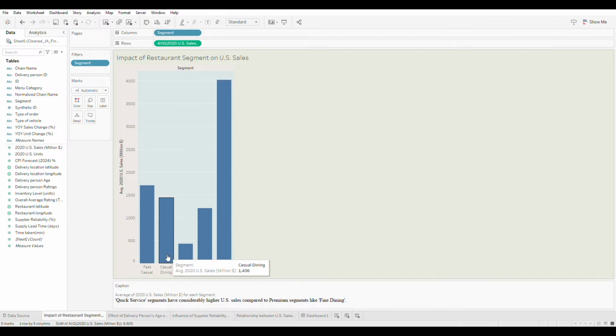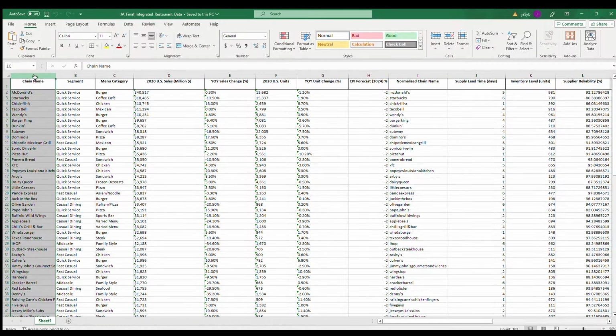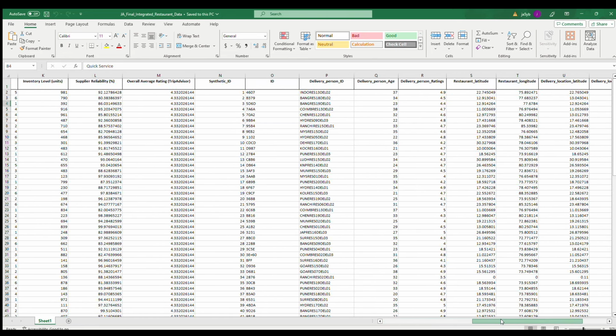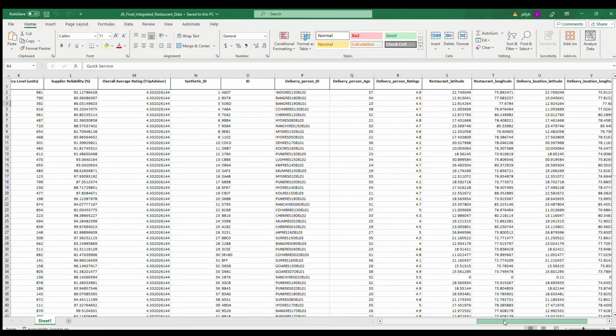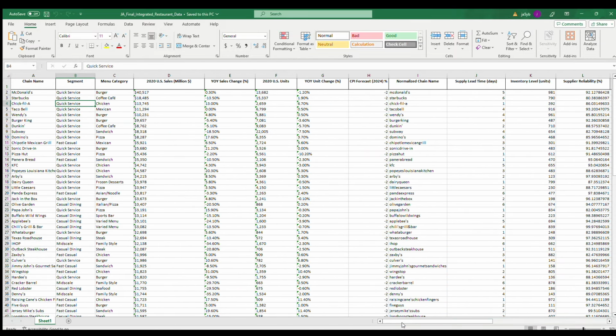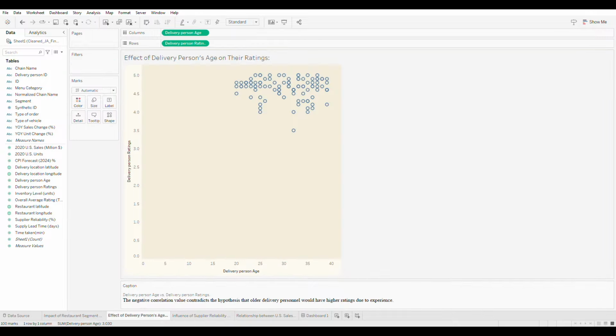The quick service segment does represent a larger market share and higher revenue potential. The recommended action is to consider expansion in the quick service sector and explore marketing strategies to enhance the appeal of fine dining.